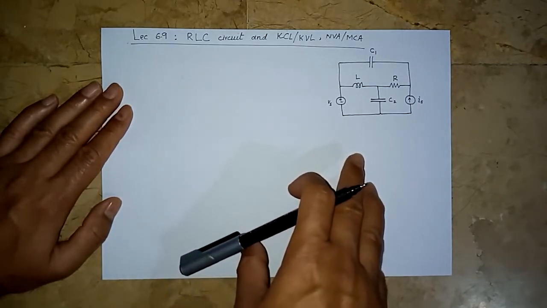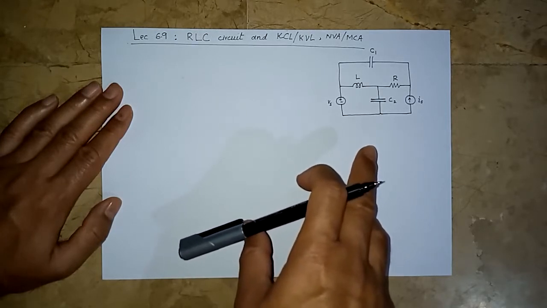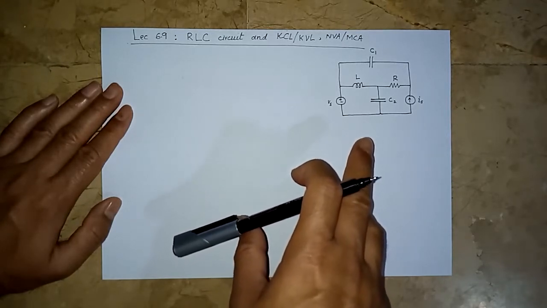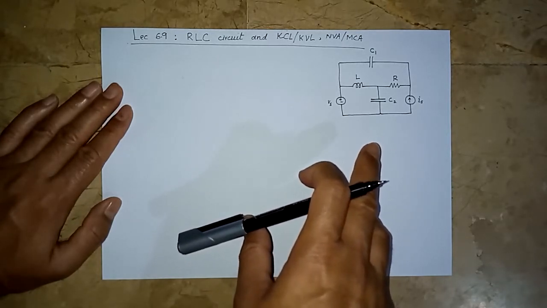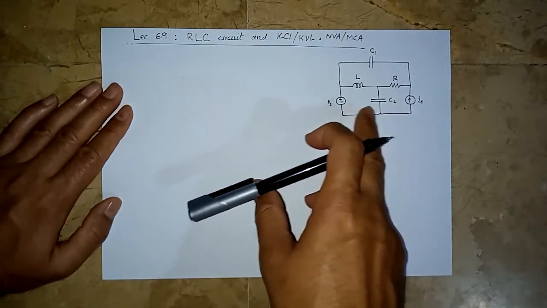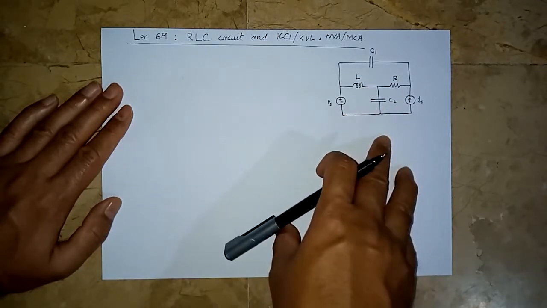Remember that we are studying linear circuit analysis, and each of these elements has to be a linear one for us to be able to use concepts of linearity, which they luckily are. R is a linear circuit element, L is linear, C2, C1, all are linear elements.